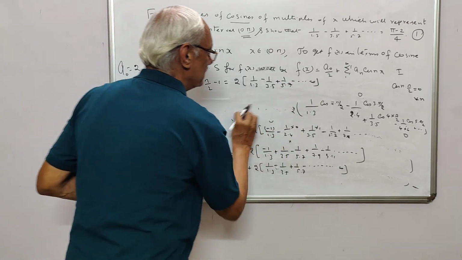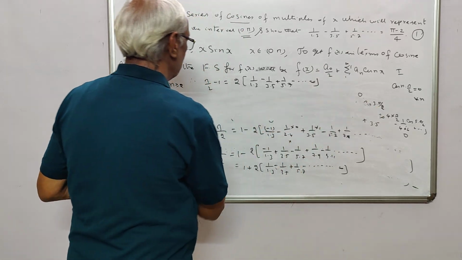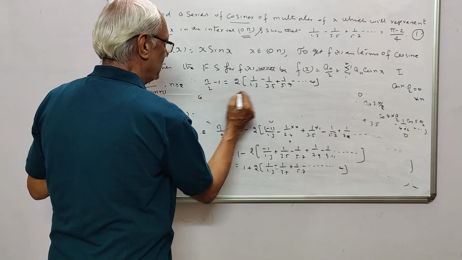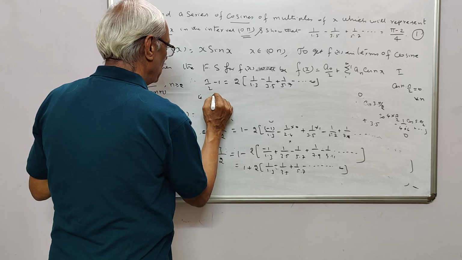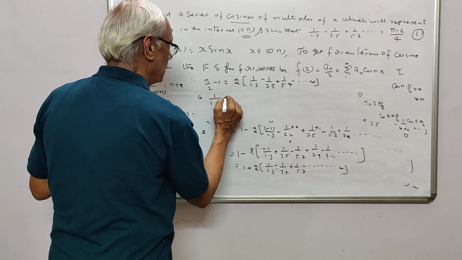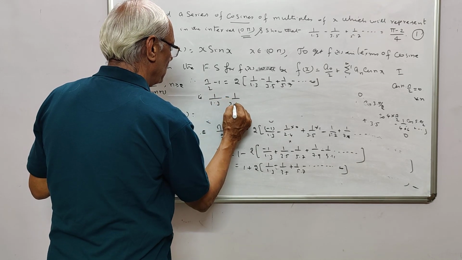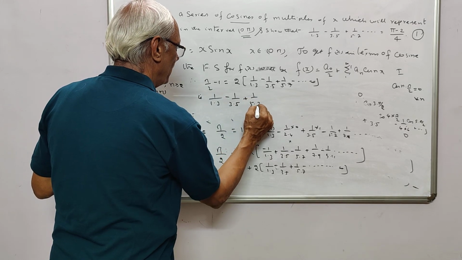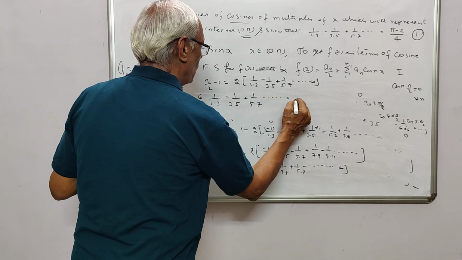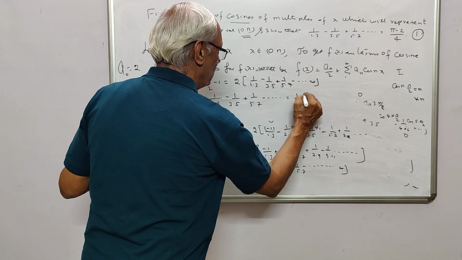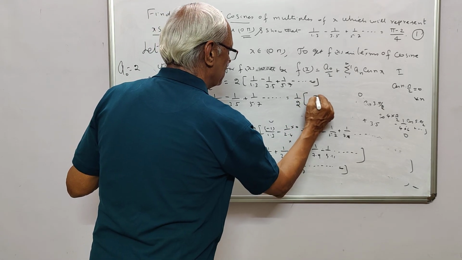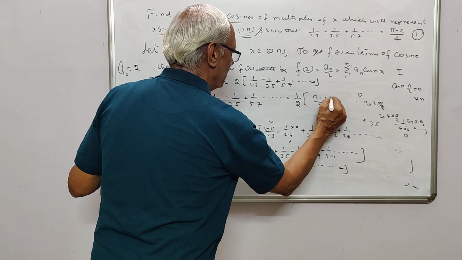Now let me simplify further. How does he want the answer? 1 by 1 into 3 minus 1 by 3 into 5 plus 1 by 5 into 7 minus dot dot dot is equal to half into, within brackets, pi by 2 minus 1.